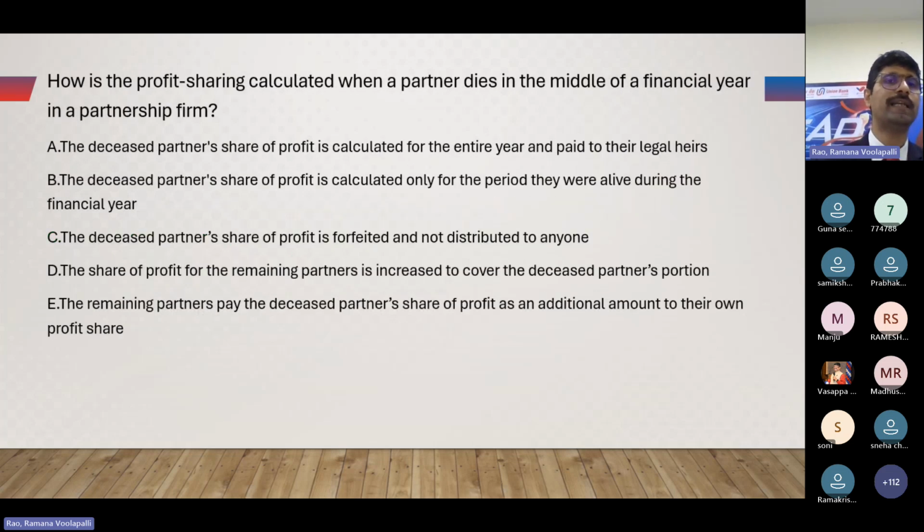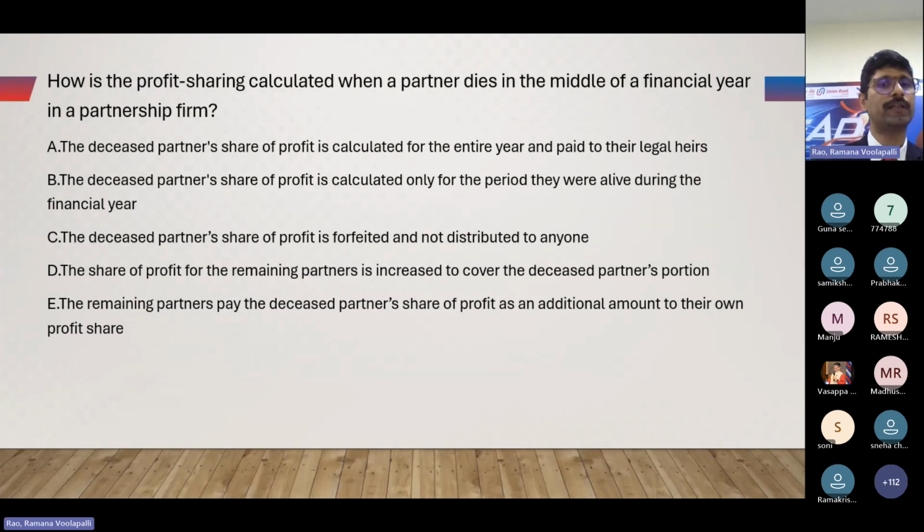How is the profit share calculated when a partner dies in the middle of a financial year in a partnership firm? There are 5 options. You can pick one. This is a simple question. We have already gone through the session.